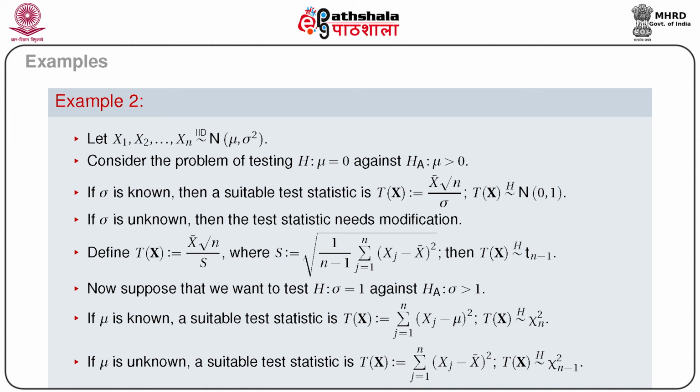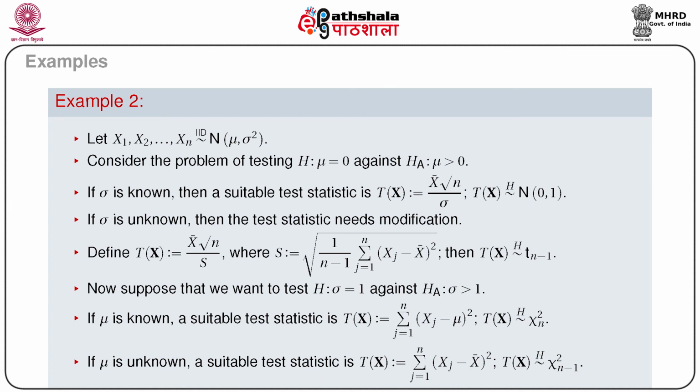Under H naught, T follows the Student t distribution with n minus 1 degrees of freedom, and here we also use a right tail test. Note that the distribution of Tx remains the same for all values of theta under the null hypothetical set.